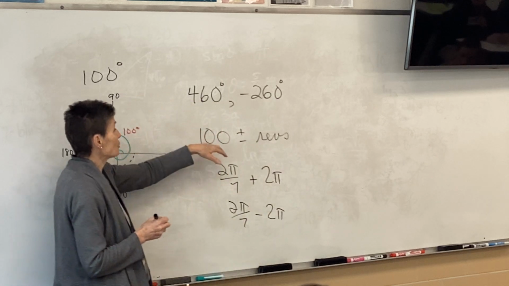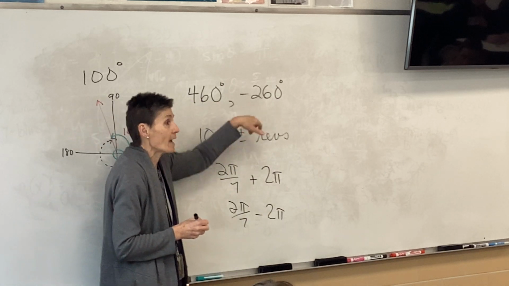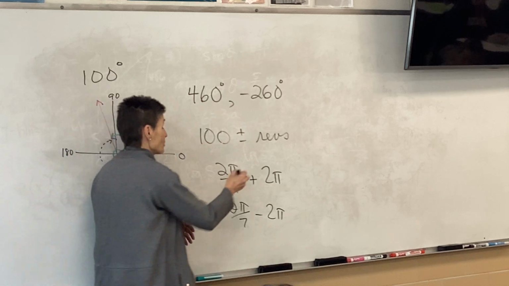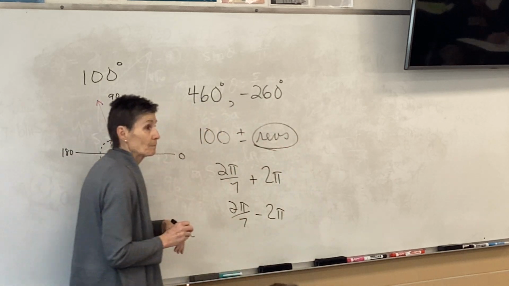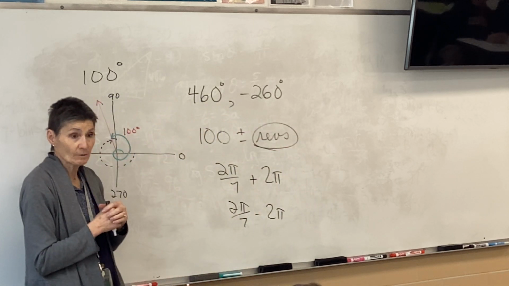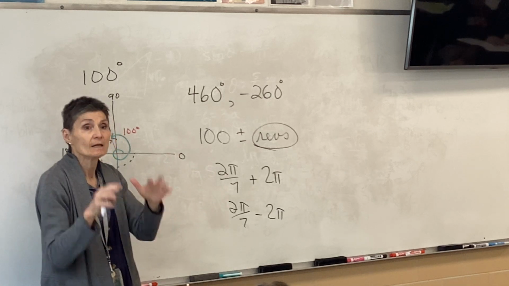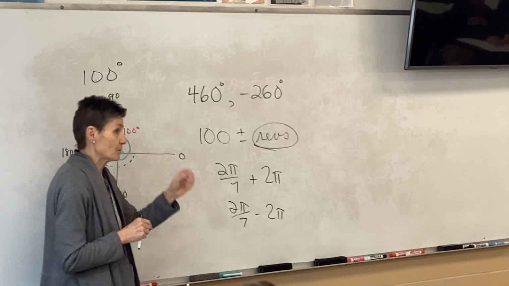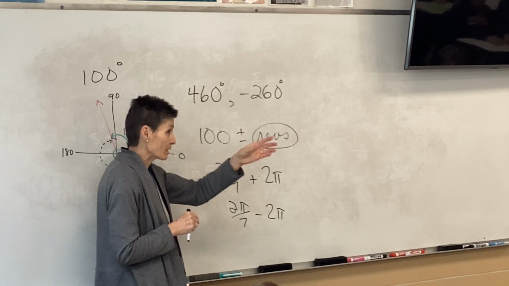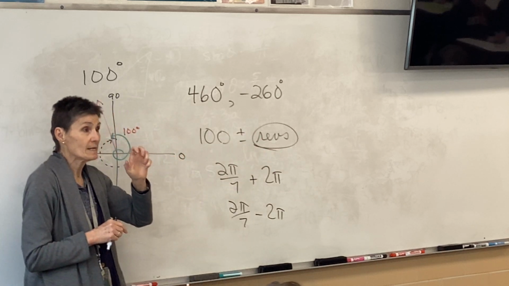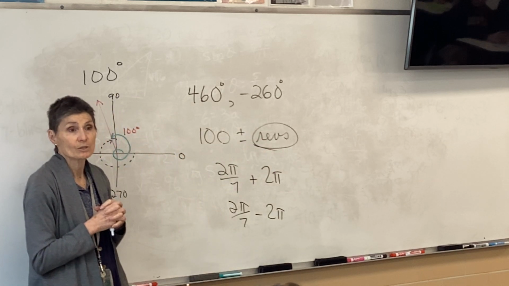In degrees, you're going to add and subtract 360, because it's a revolution. How do you find coterminal angles? You add or subtract a revolution. If I'm in degrees, that means I add and subtract 360. If I'm in radians, that means I add and subtract 2 pi.